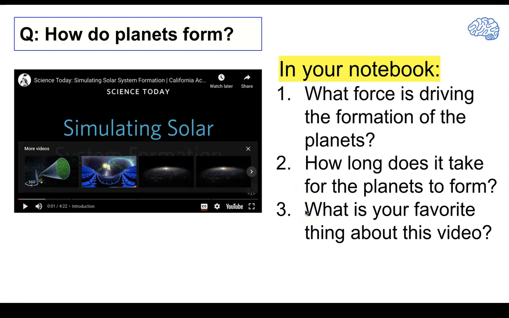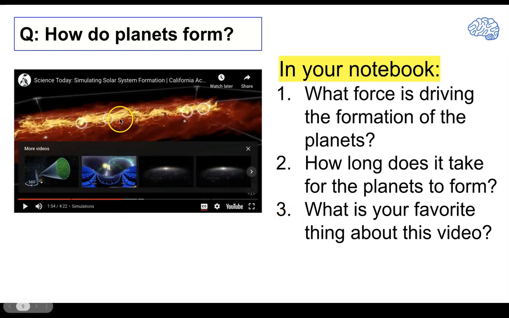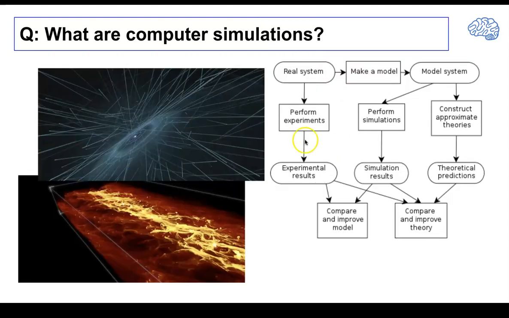Awesome. One thing that you might have had a few questions about as you were watching this video was, what was up with some of these images? This video is all about using computer simulations to understand the world. This is a really common thing in science, especially when we're looking at something that is so long and complicated as planetary formation. We can't see that in a human lifetime at all.